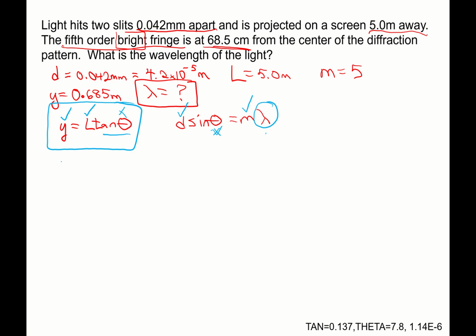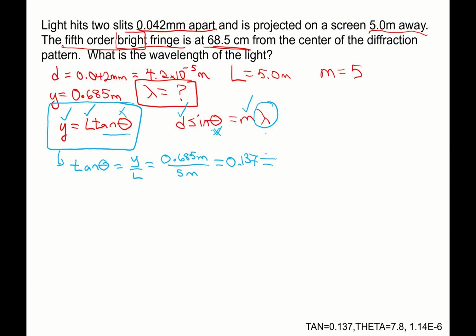All right, so let's use this first equation. Tan theta is y over L. So that's 0.685 meters divided by 5 meters, or 0.137. There's no units because meters divided by meters cancel out.